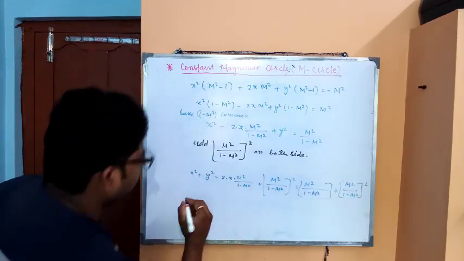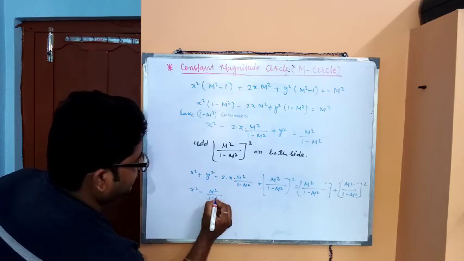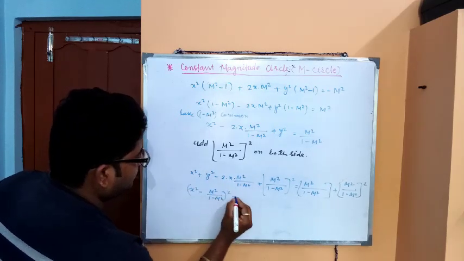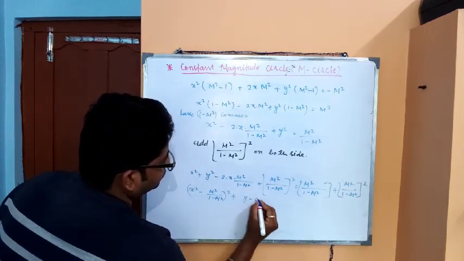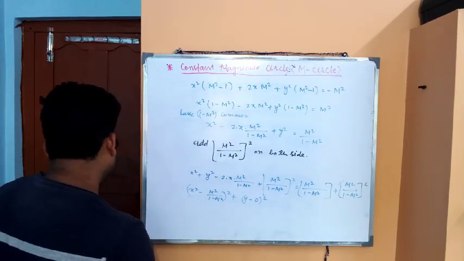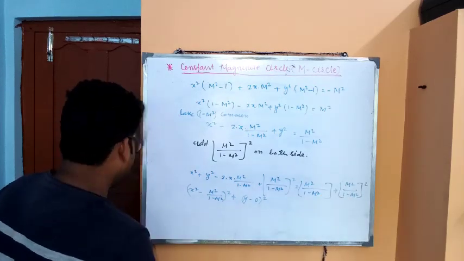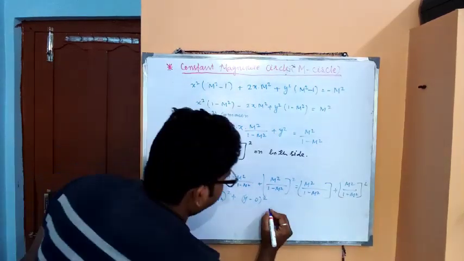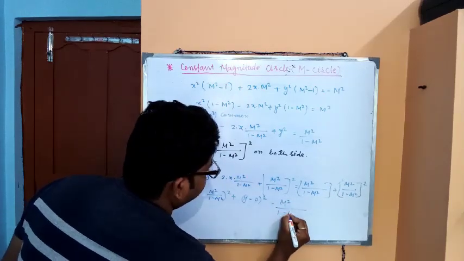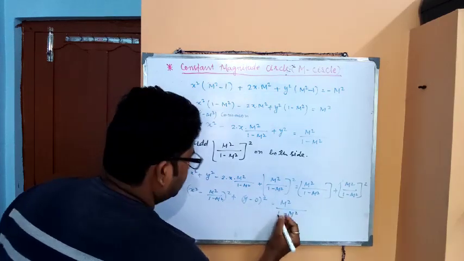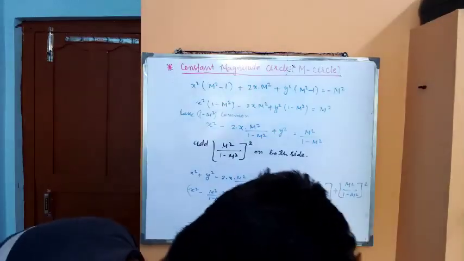So x minus m square by 1 minus m square to whole square plus y minus 0 whole square, we can write like this, is equal to, if we simplify these two terms, then we got m square by 1 minus m square to the whole square. So we got this type of expression.